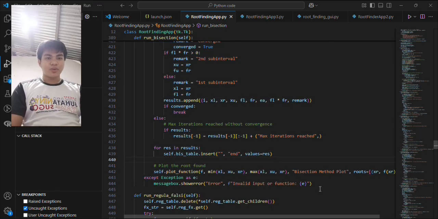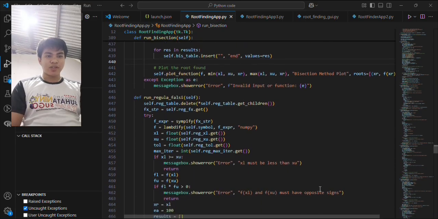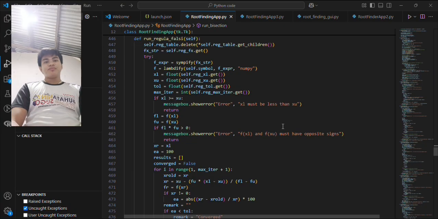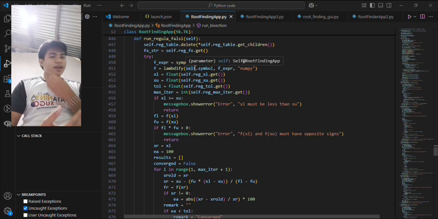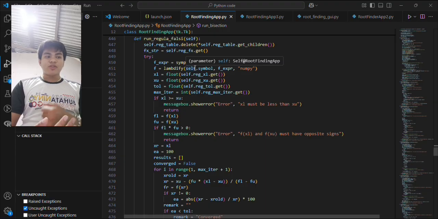Now, let's proceed to regula falsi, or the false position method. Like bisection, but instead of using the midpoint, regula falsi finds a better estimate by linear interpolation between the endpoints.